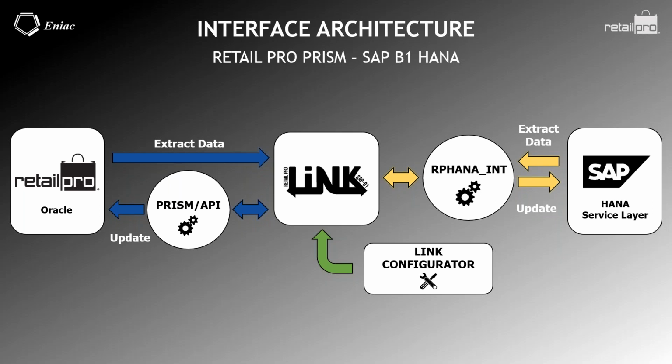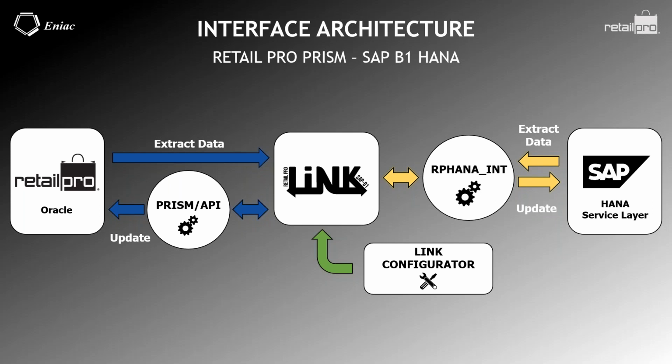This is the architecture of the link. I will present it; the architecture is very similar for HANA and for SQL. In the middle, you have the link, which is a Windows service that has a special module called the configurator. In the configurator, we specify which documents we want to exchange and with what frequency.